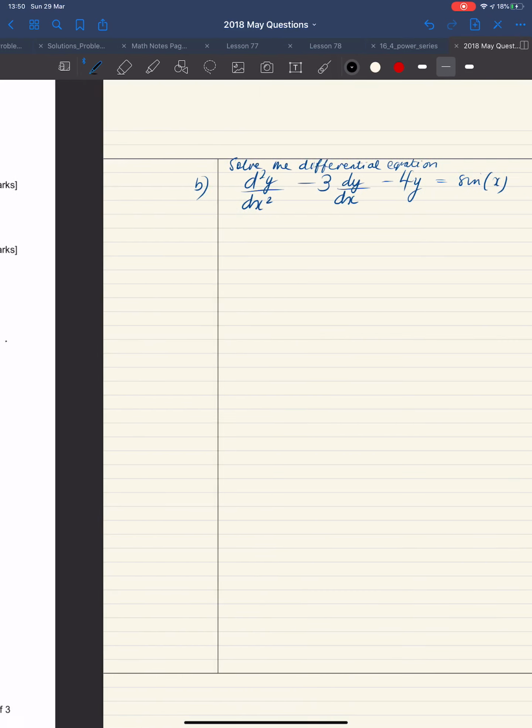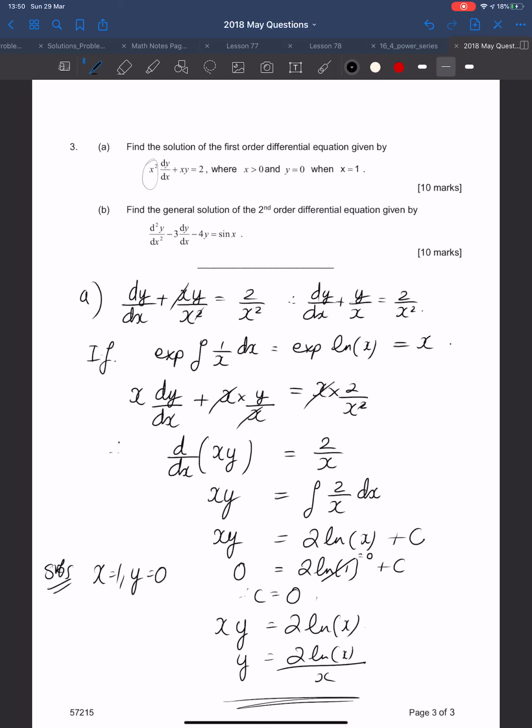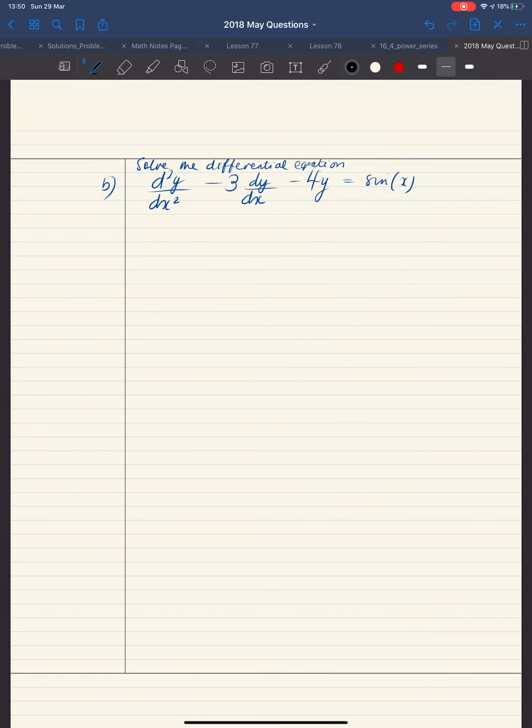Okay, and the next one. Solve the differential equation. Let's check I've copied that across right. Yes, I have. So we start with the complementary function, which is we solve the equation with a 0 here. Because whatever happens, if you put something into here and it comes up as 0, it's going to work. And that's the idea behind that.